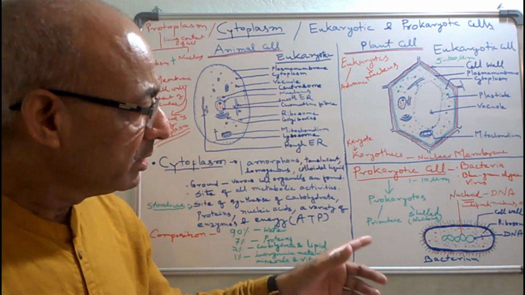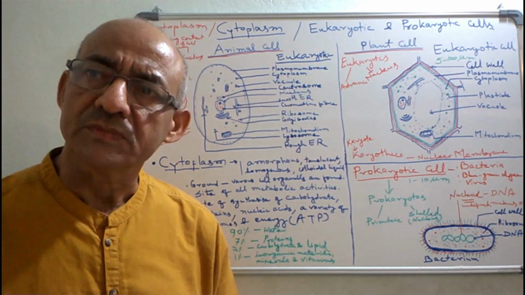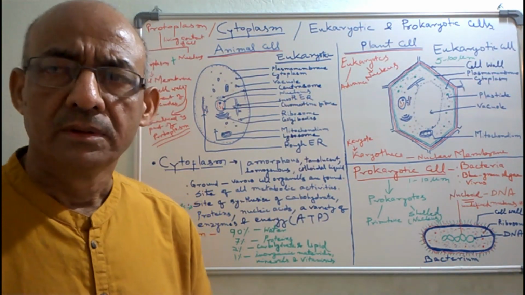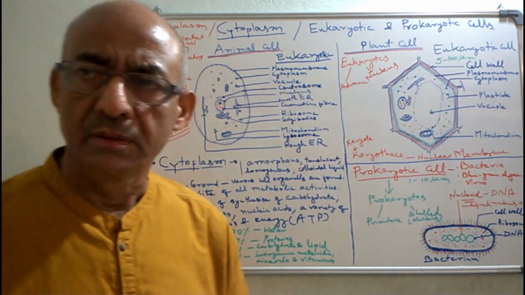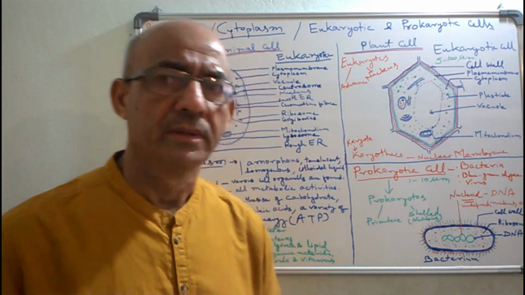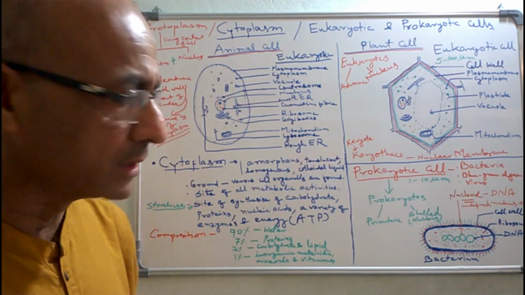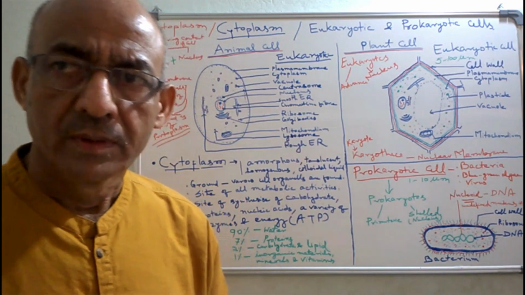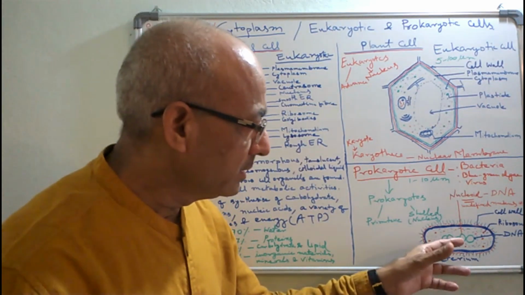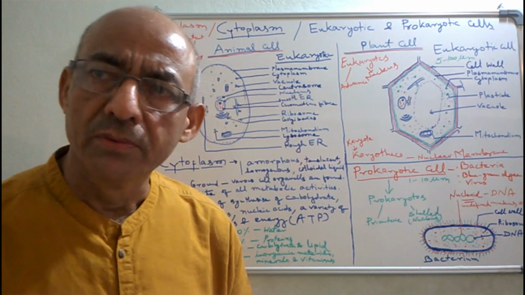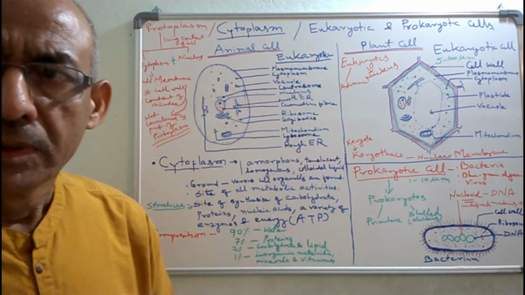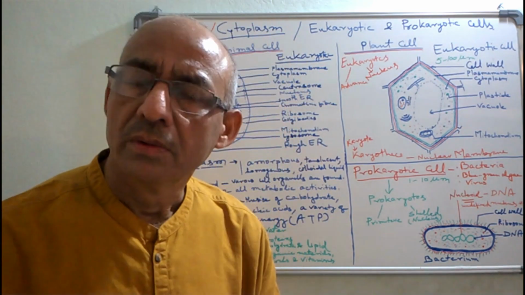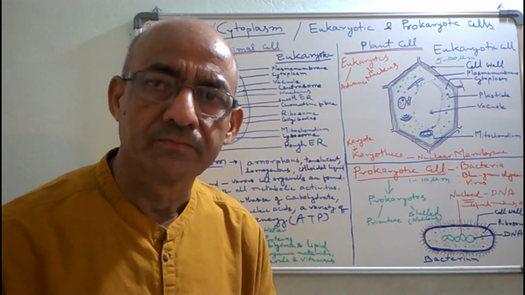They only contain certain genetic material, nucleic material, a certain strand of DNA in the name of nucleus in their cytoplasm. And that part of nucleic material, mainly consisting of a certain strand of DNA, is called the nucleoid.